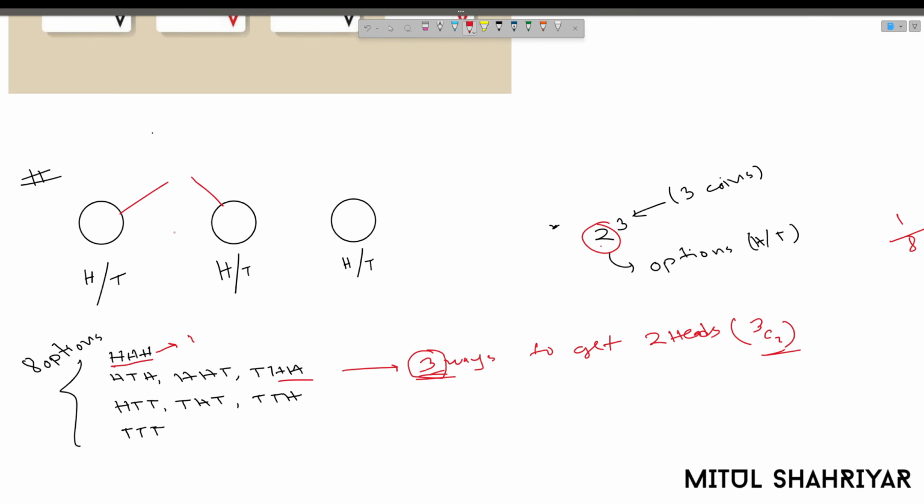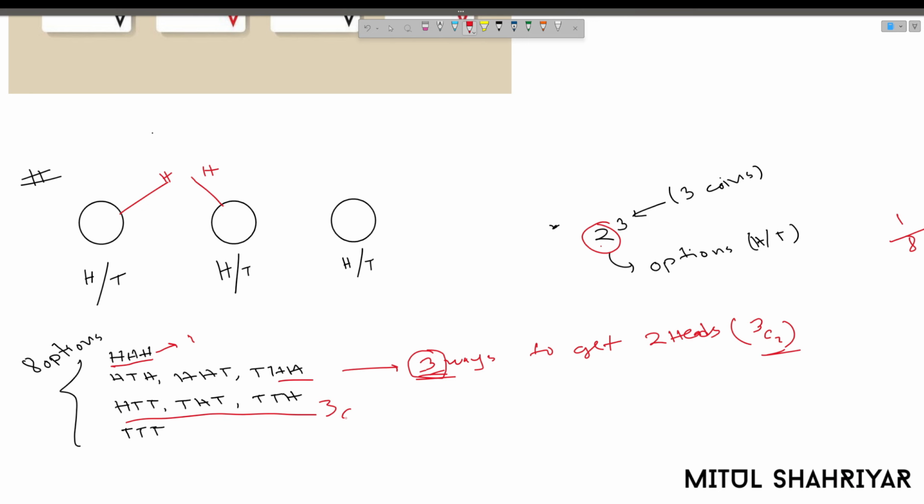That means we just want to choose 2 coins to have heads. This is the combination, called choosing. From 3 coins we want to choose 2 coins to have heads. So it is 3.